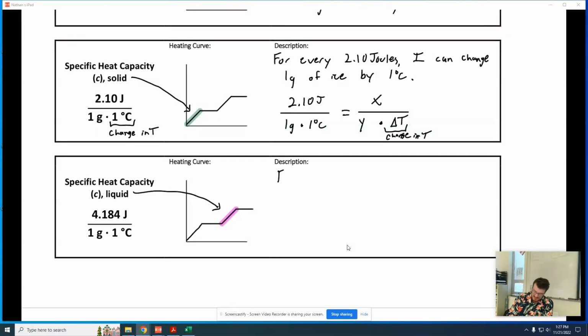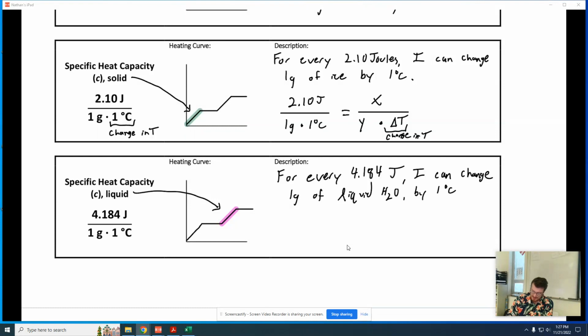I could phrase this as for every 4.184 joules of energy, I can change 1 gram of liquid water by 1 degree Celsius.